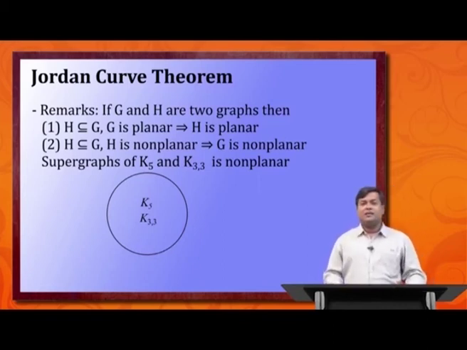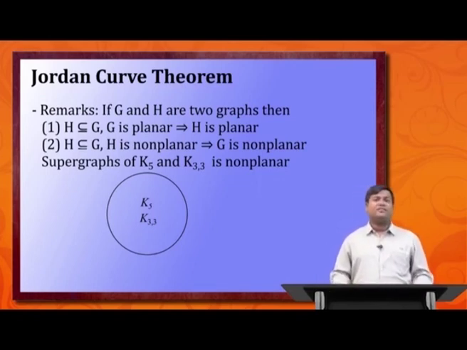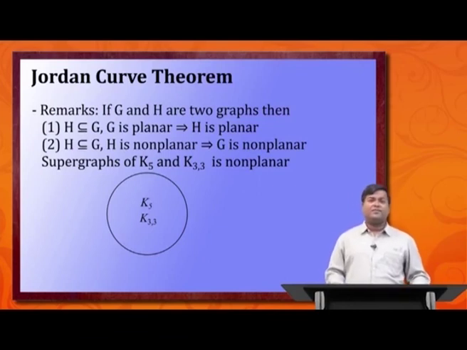The reason is H is a subgraph of G. So we are assuming that G is planar. And how do we create H? We create H by selective deletion of some edges and vertices from G. So there is no chance of additional crossing. So if G is a planar graph, then definitely the subgraph is also planar.